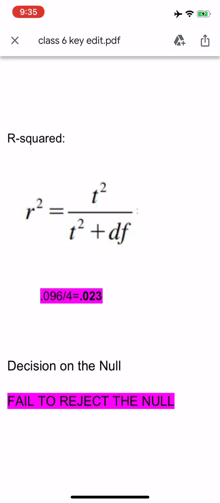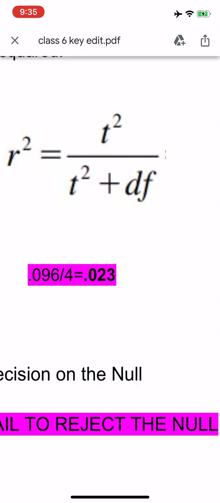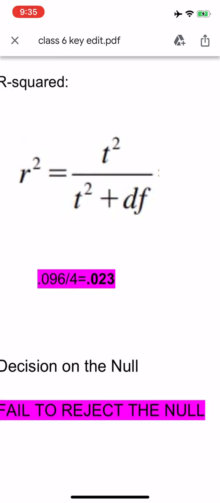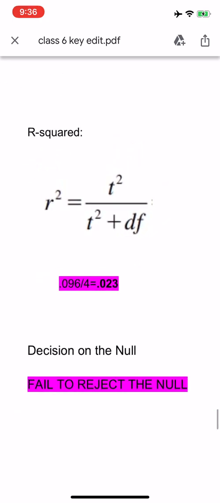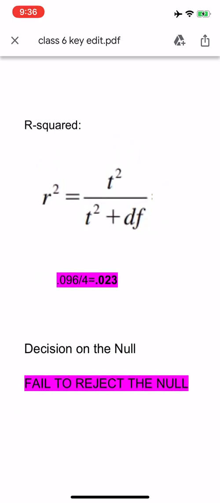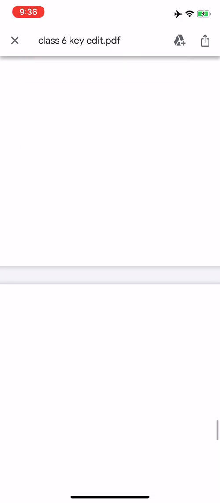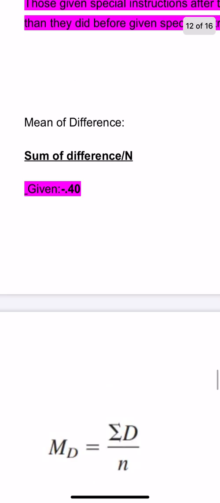Everything else, you have to do to a minimum of 2 decimal points, like people did on the first test. If you want to write the whole decimal point out to get the most correct answer, or if you're confused with the rounding and rather not get it wrong and write the whole thing out, that's perfectly fine. So what are we going to do here? Again, we are going to fail to reject the null hypothesis. And that is it.